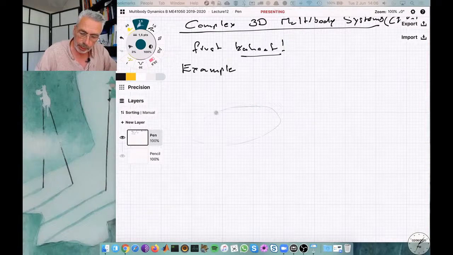It's a disk like this, and then attached to the disk is some pendulum thing, so something like this. And here we have, of course, the rotation.